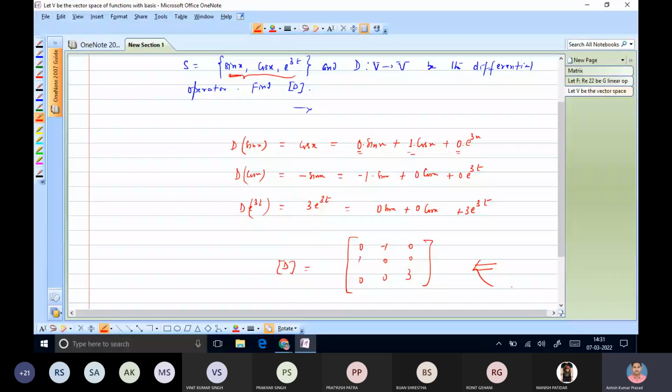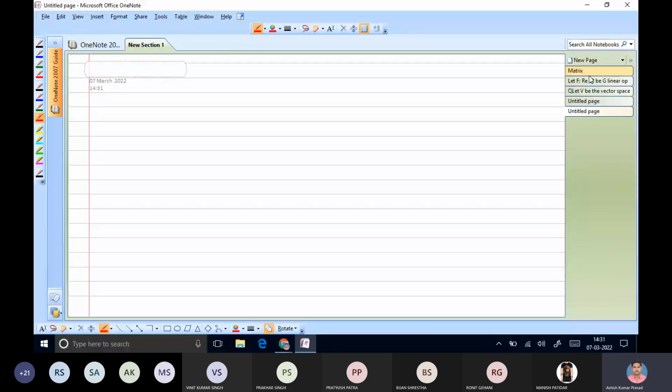So now see, I have given you one theorem which you can remember at this time. For any linear transformation T from Rn to Rm, there exists an m by n matrix A such that T of x is equal to Ax for all x belongs to Rn.